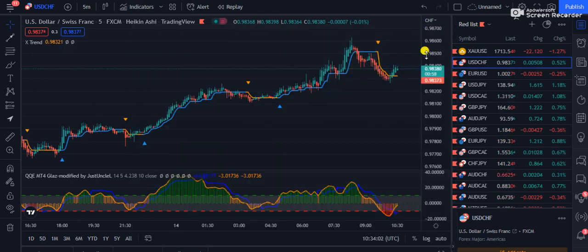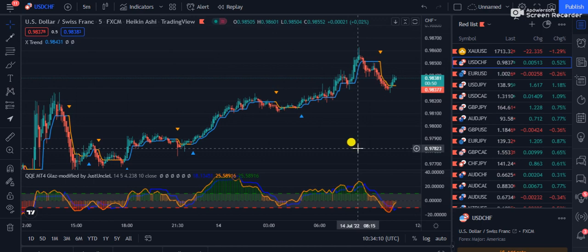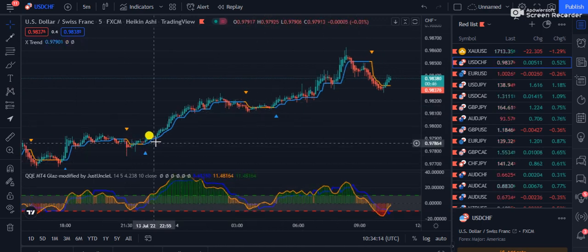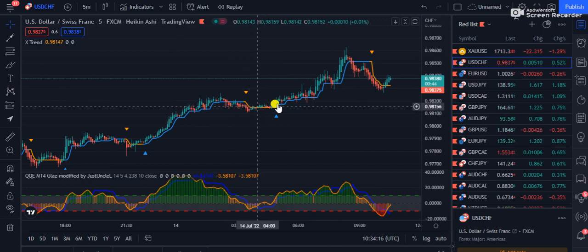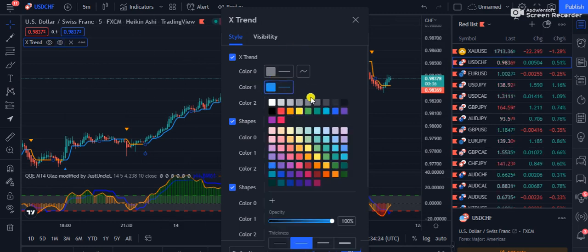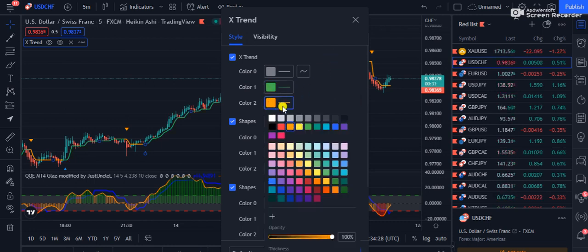I have attached this one as well, and now you have to change a little bit in its settings because we want to modify this indicator as per our interest. First of all, you can see that we have some blue colors and yellow colors here. We basically don't want these colors, so we go towards the settings, and we have to change color 1 from blue to green, and the second one from yellow to red.